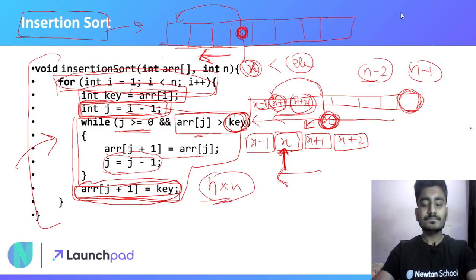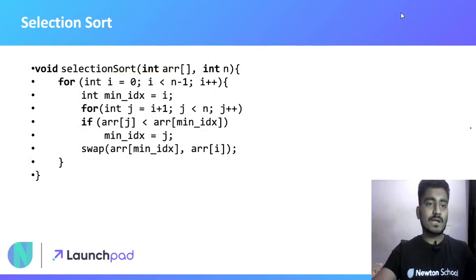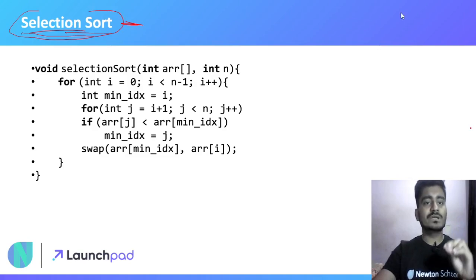Fine. Now our third sort, that is selection sort, and again I have already told you in brief about selection sort. Let me tell you, this is the easiest among all three, that is insertion, bubble and selection.